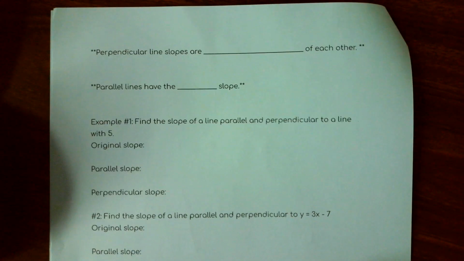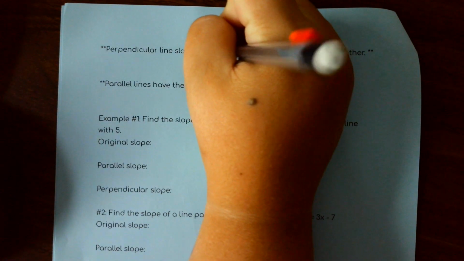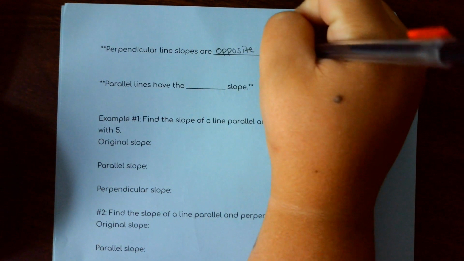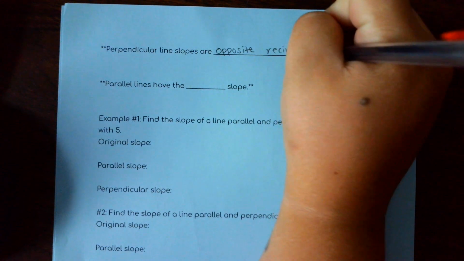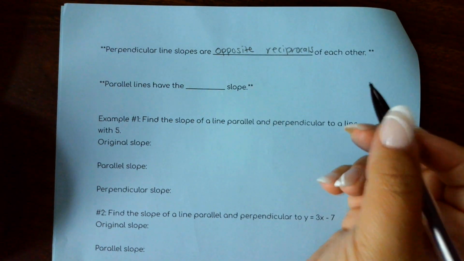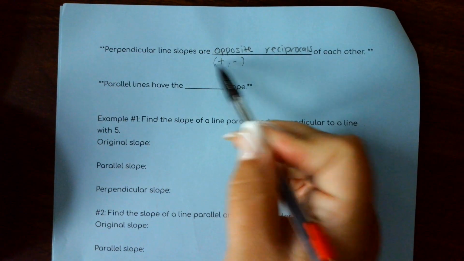We're going to talk about slope a little bit, and then we are done. So perpendicular line slopes are opposite reciprocals of each other. So opposite is referring to the sign. So if it's positive, the opposite would be negative.